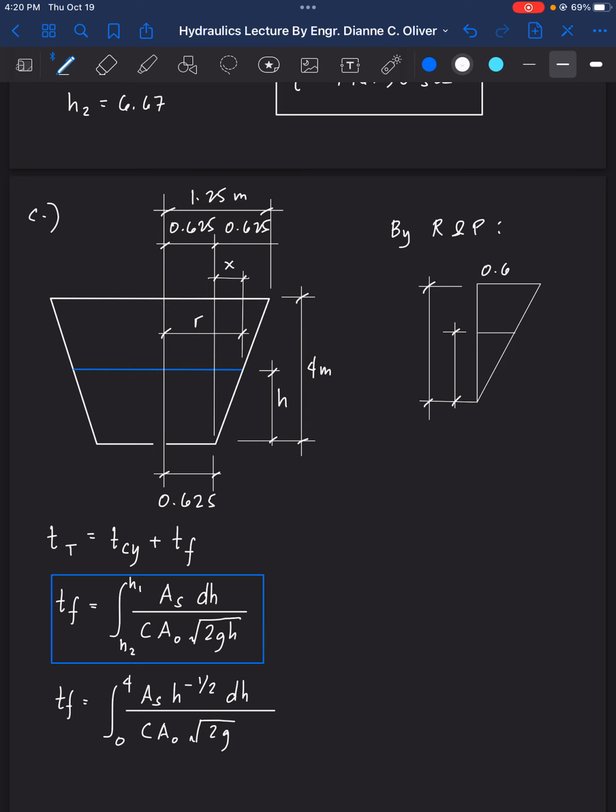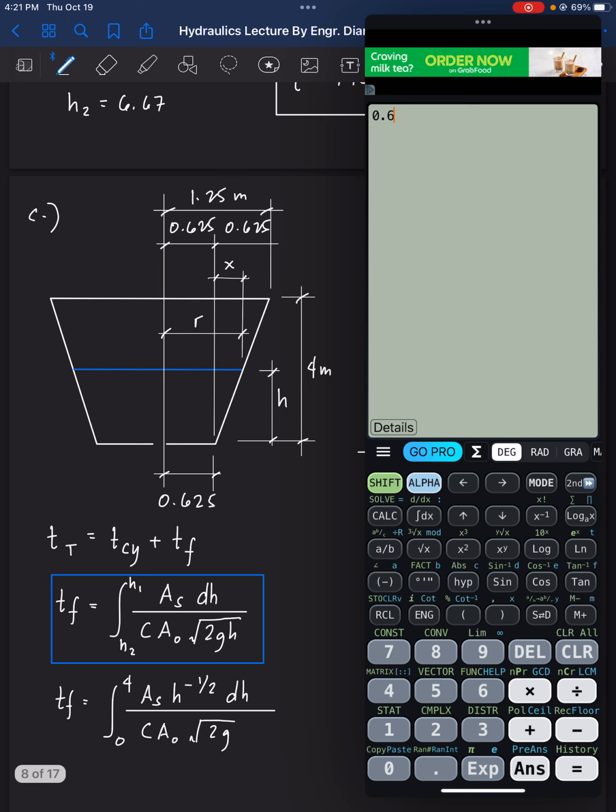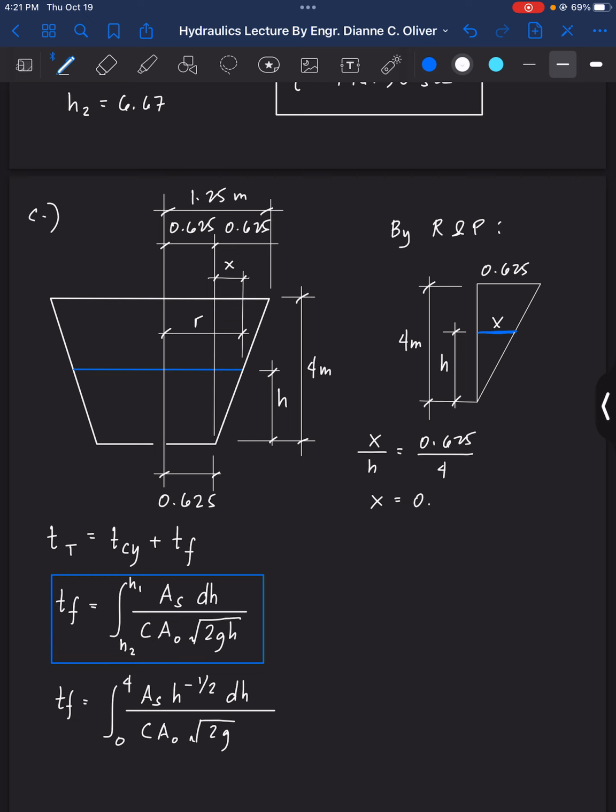By ratio and proportion, we have 0.625 here. This is our x for the water surface. Let's color that blue. Then this is our 4 meters and this is our h. So x over h equals 0.625 all over 4. Therefore x is equal to 0.625 divided by 4, which is 0.156h.